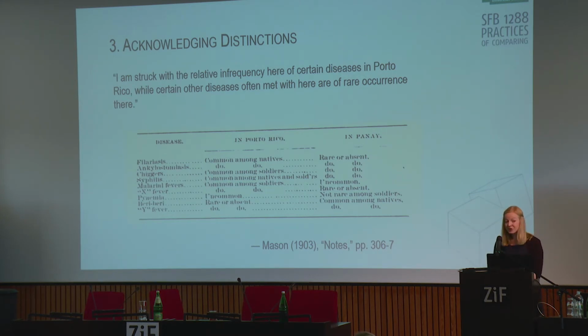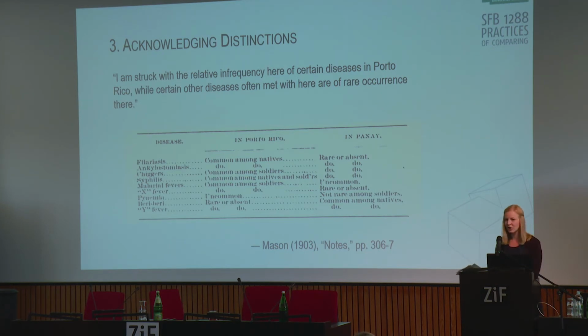To complicate matters further, Mason acknowledges that these observations were made during wartime, and he elaborates on how certain diseases, particularly syphilis, were differently distributed once Panay had been pacified, while his, quote, "experience with malarial fever was unchanged," unquote. In Mason's account, the prevalence of diseases in the tropics is thus anything but regionally or temporally stable or fixed, but it very much depends on a variety of other influencing factors.